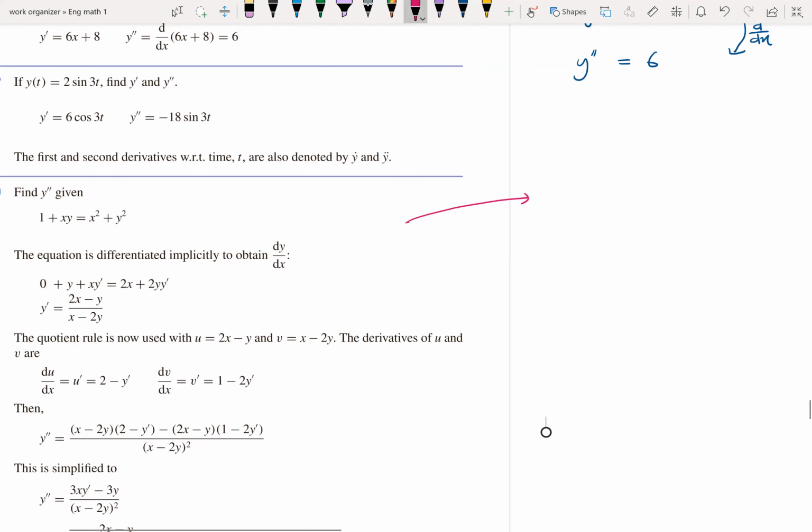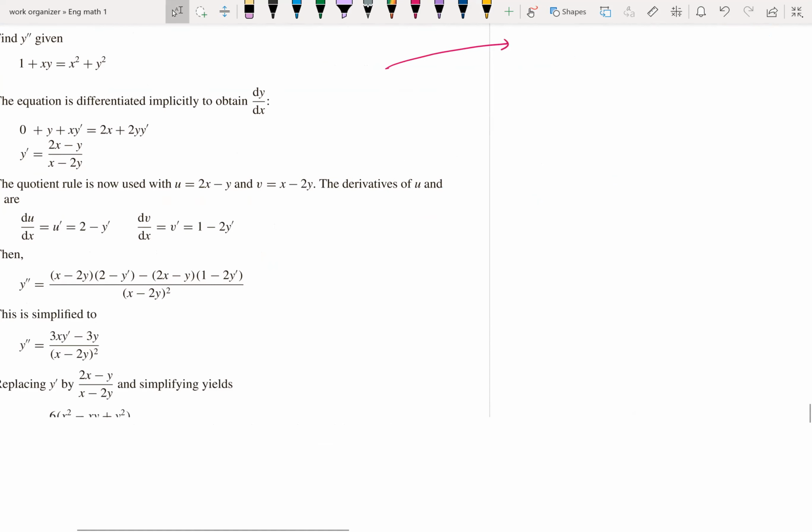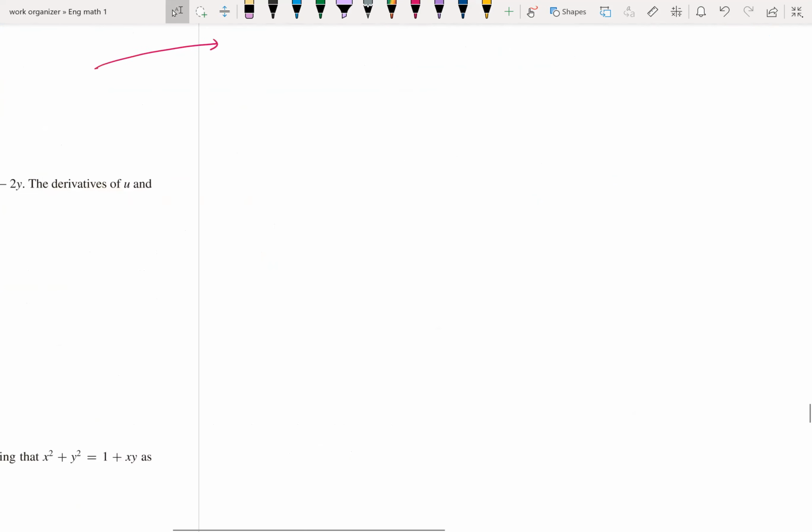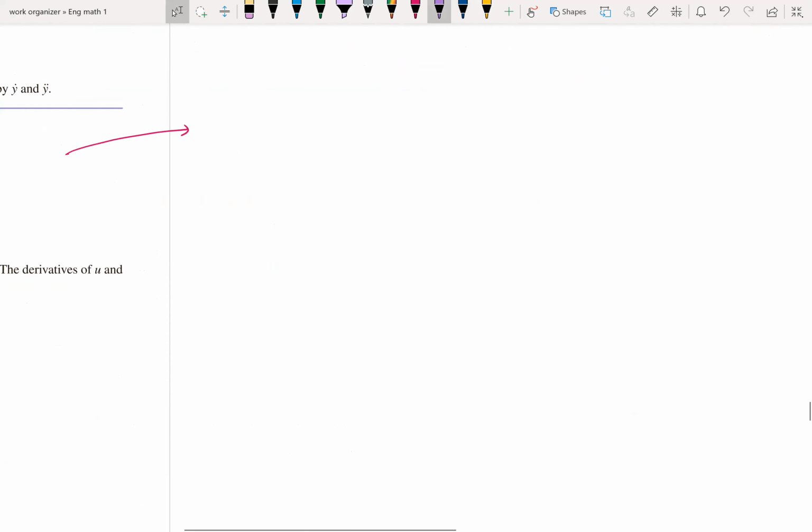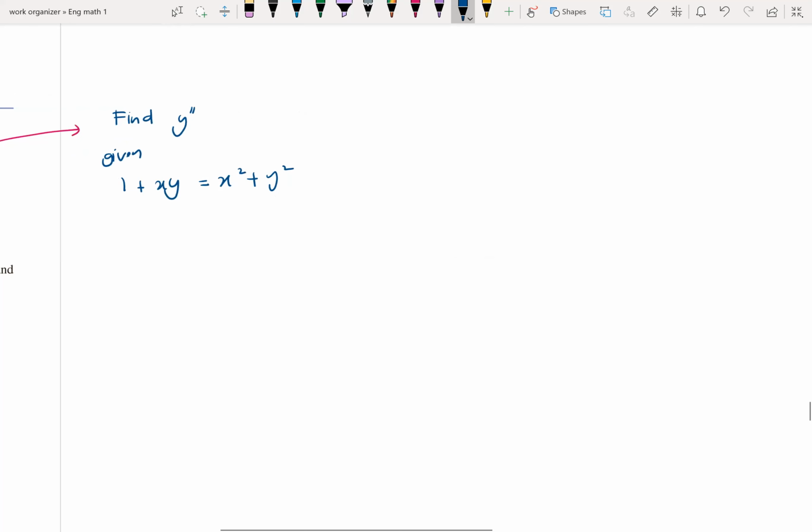We have to find y double prime, the second derivative, given 1 plus xy equal to x squared plus y squared. So this is implicit differentiation.